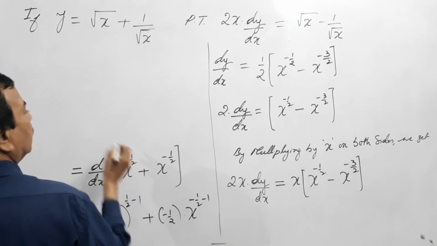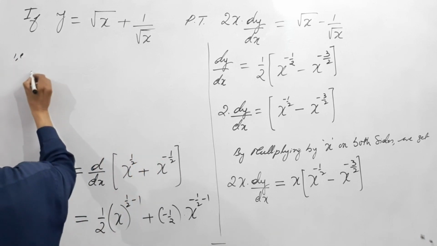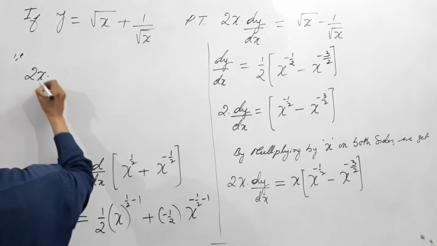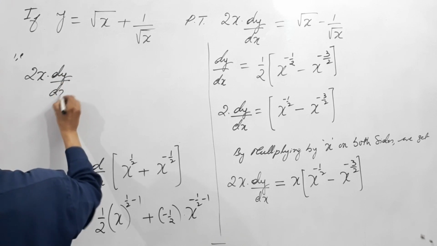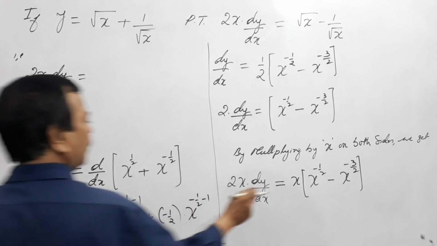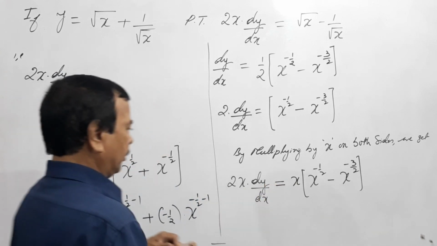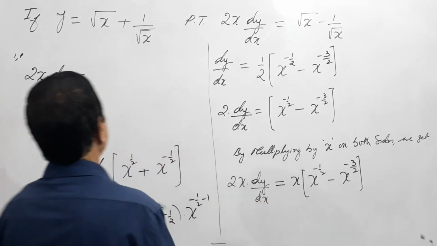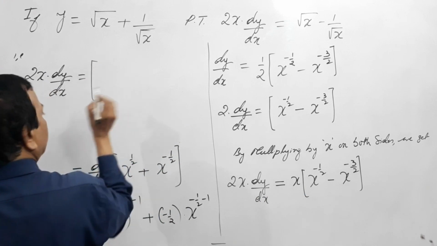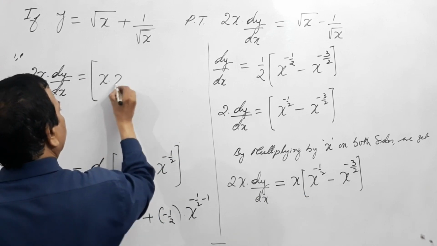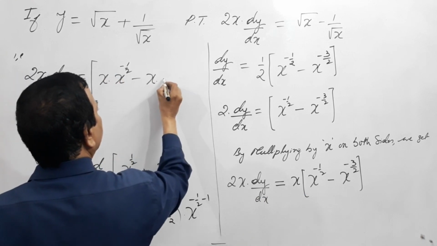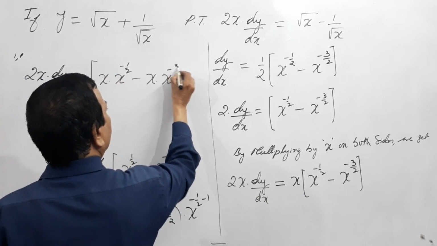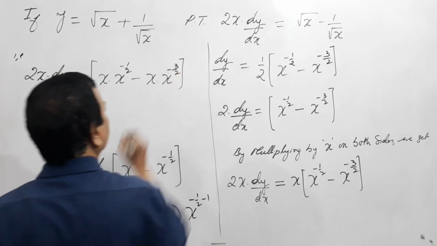So that is 2x dy by dx equals, if you multiply this, what happens? I'll take x inside. So this becomes x into x to the power of minus half minus x into x to the power of minus 3 by 2.